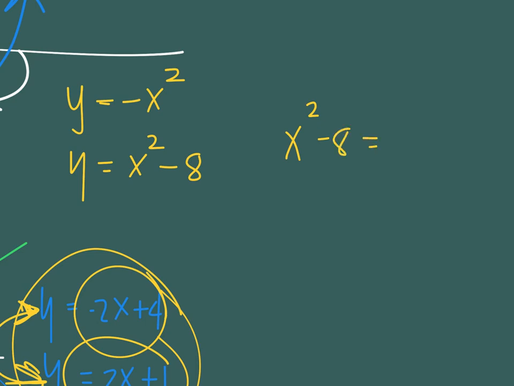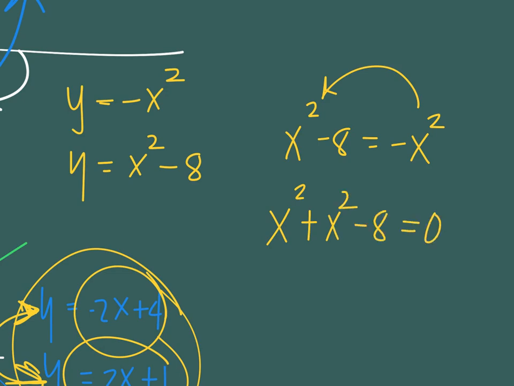X squared minus 8 should be equal to negative x squared. Then all we have to do is solve this equation. It goes to the other side: x squared plus x squared minus 8 is equal to 0, so 2x squared minus 8 is equal to 0.